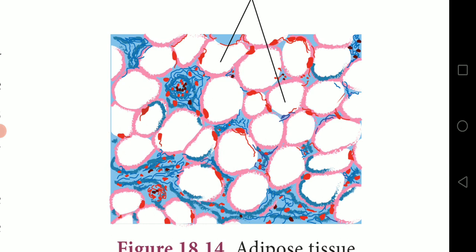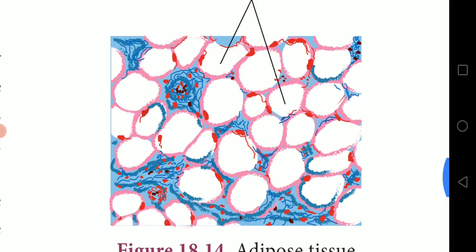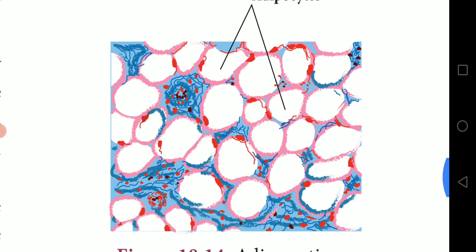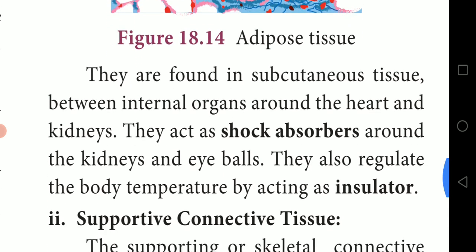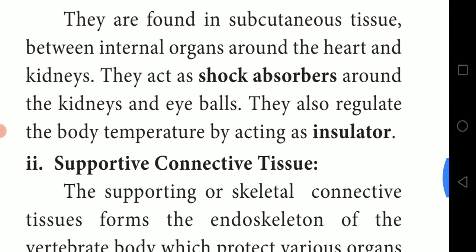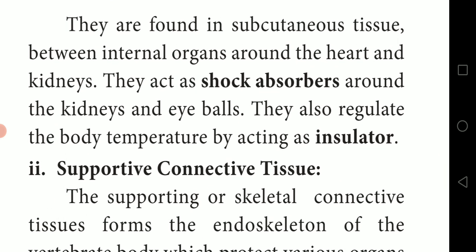They are found in subcutaneous tissues, between internal organs, around the heart and kidneys. They act as shock absorbers around the kidneys and eyeballs.